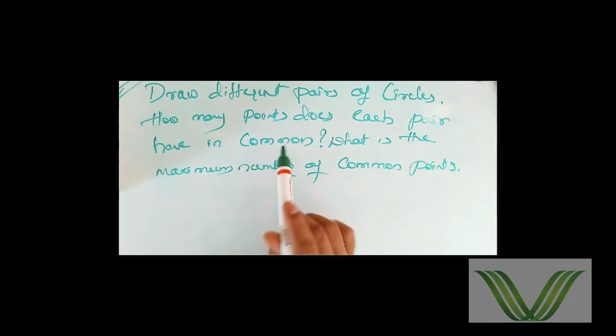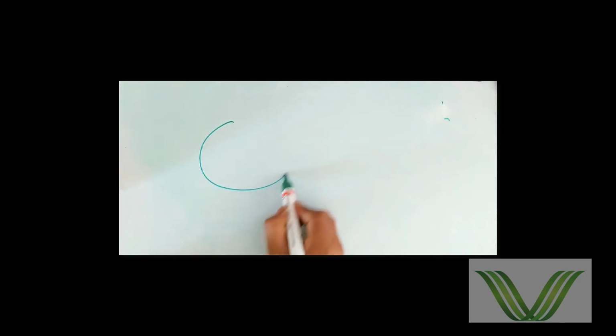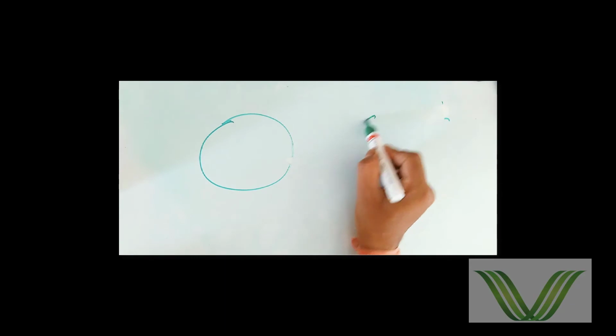We should find how many points are there in the two circles of a pair that are in common. And what is the maximum number of common points? So how many maximum points are there in common in a pair of circles? We have to find the solution of this question. So in order to solve this question, I may consider drawing two similar circles.